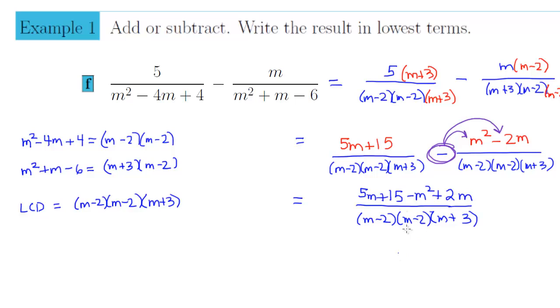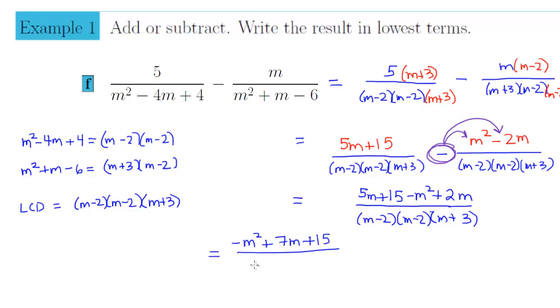Good. We now combine our numerator, and as we combine, we get negative m squared plus, let's combine like terms here. I have a negative m squared, and then I have a 5m and 2m, so that's going to give me plus 7m, and then plus 15.